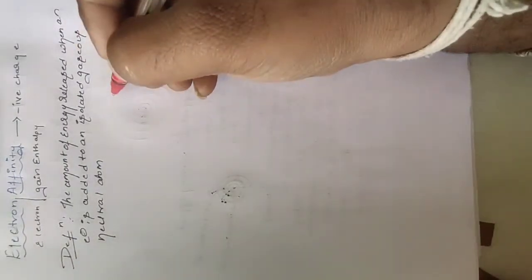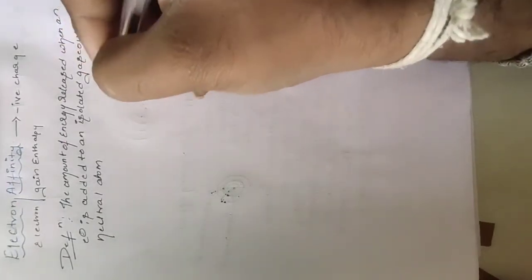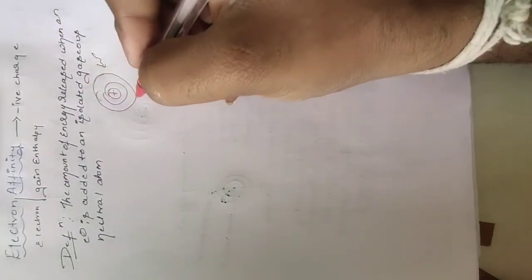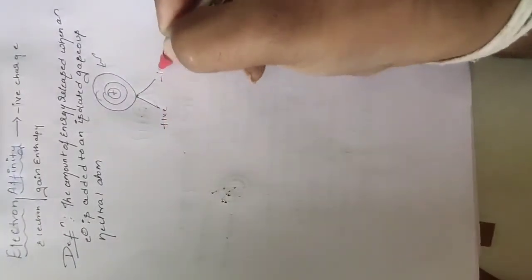In the last class I told you that if we pass energy to the orbital, the enthalpy can have a positive sign or a negative sign.